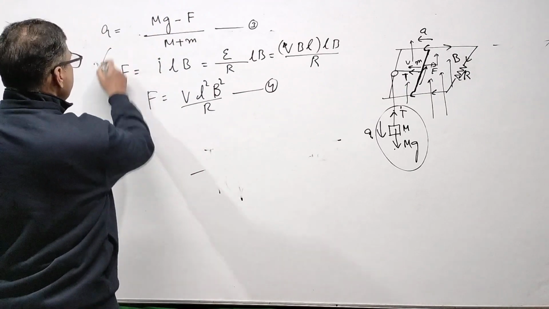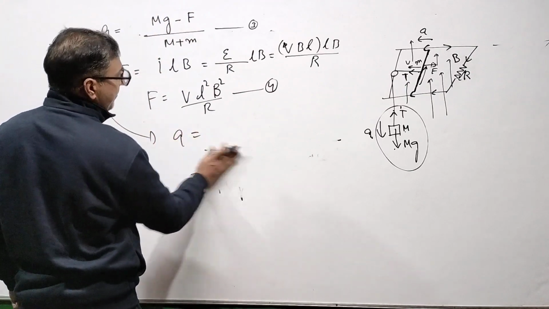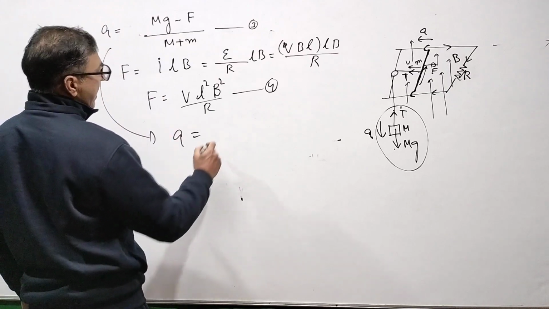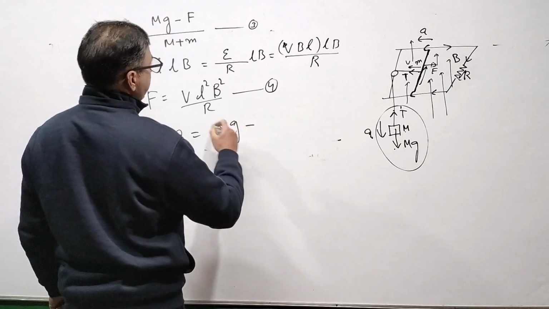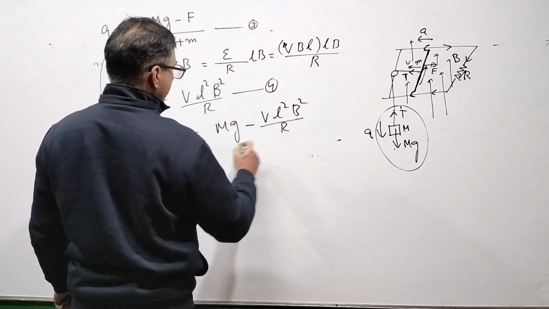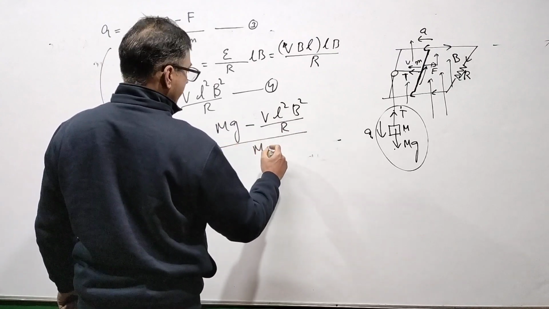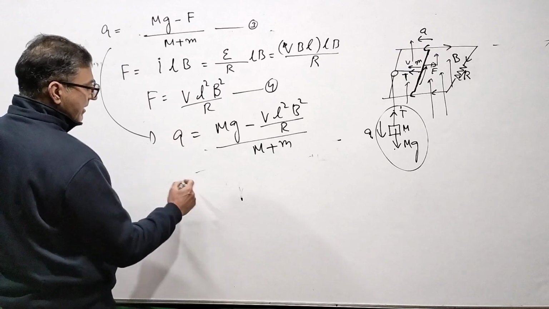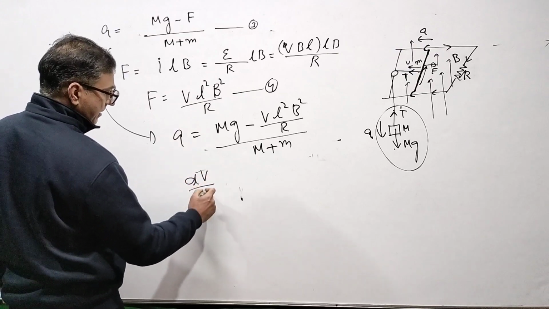Okay, so acceleration is equal to mg minus F, that is VL square B square by R, whole divided by m plus M. What is this acceleration in terms of velocity? That is dv by dt.